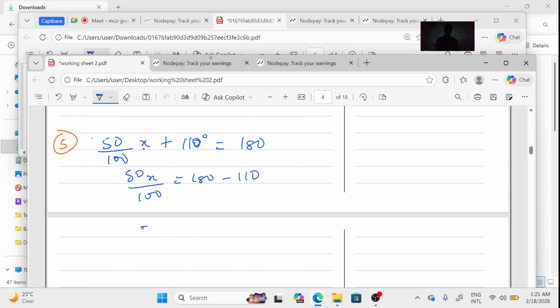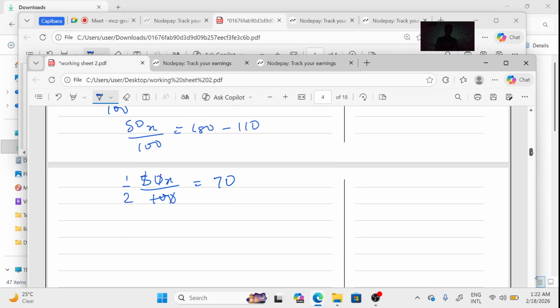So that's 50x divided by 100 equals 70. So 0 should cancel 0 here, 5 here, 10 here. So I'm left with 1 over 2. So I can say that 1 over 2 x is equal to 70. So what is x? What is x? That would be.